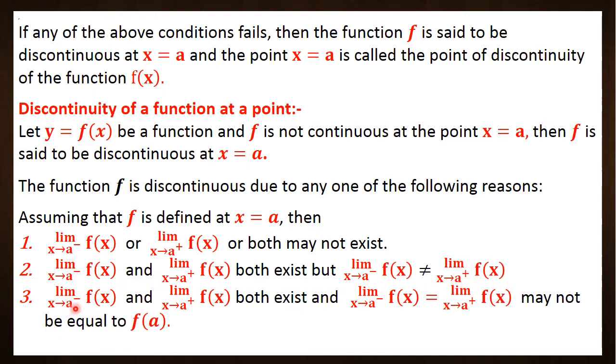And the third condition: the left and right hand limits both exist and they are equal, but they may not be equal to f(a). So the third condition fails. So we can say that the function is discontinuous at x = a.